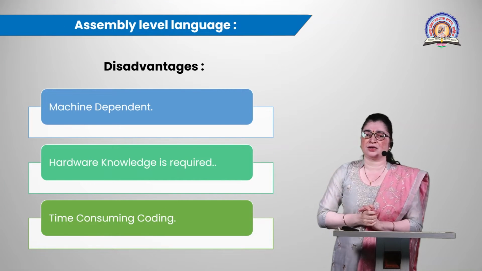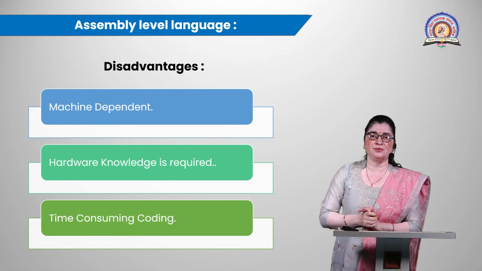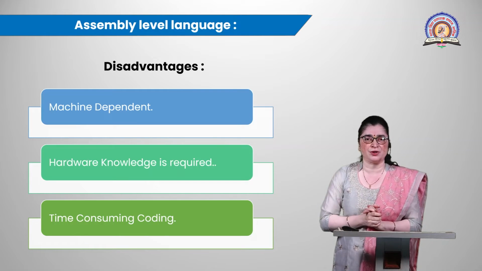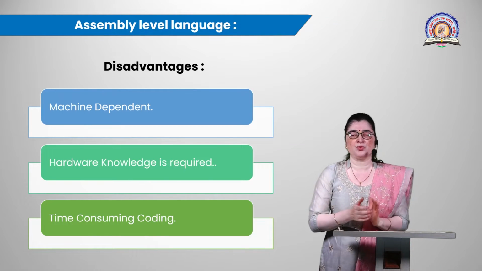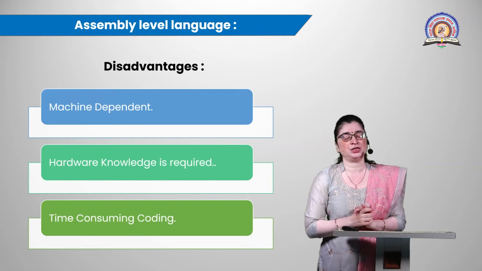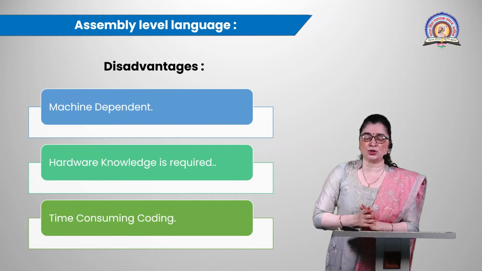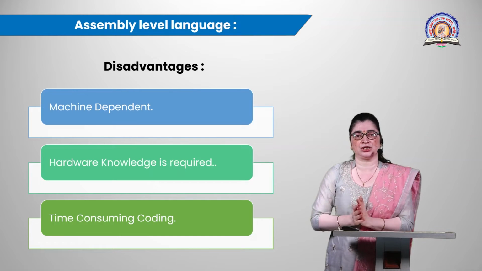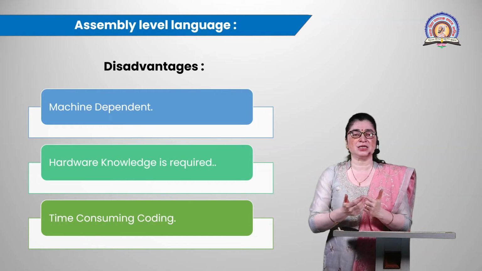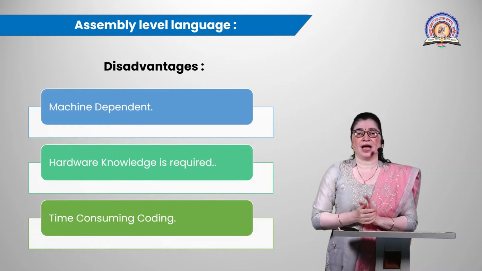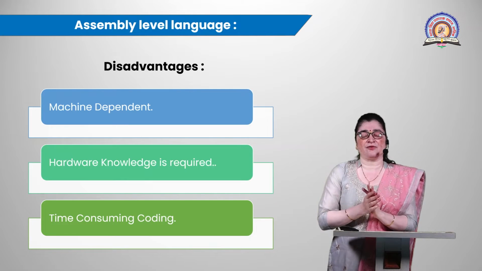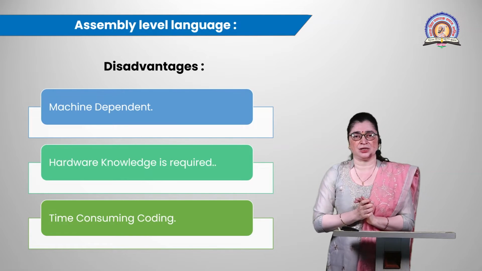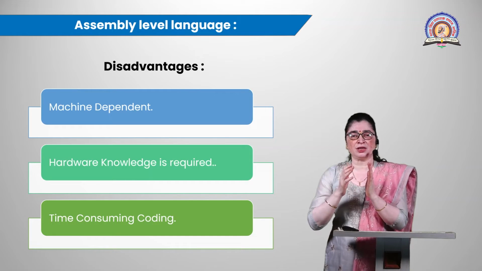Then again, hardware knowledge is required, because there are different programs for different computers. So you must have the hardware knowledge. And it is also time consuming. Writing the code, writing the instructions, requires more time. And assembly language requires a translator.